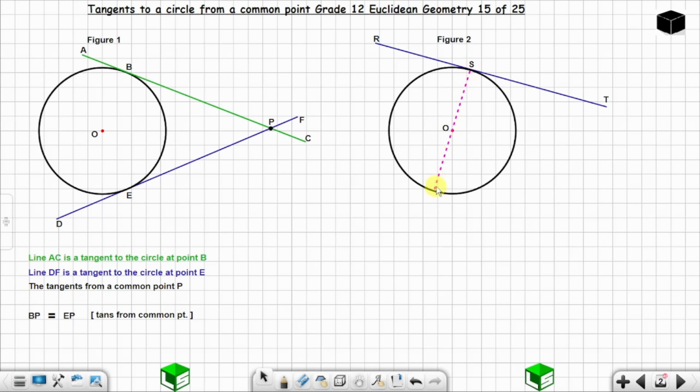The diameter or the radius is going to form an angle of 90 degrees with the tangent at the point of contact. So let's call this diameter SM or MS. So this angle which is formed between the tangent and the diameter or the radius is 90 degrees.